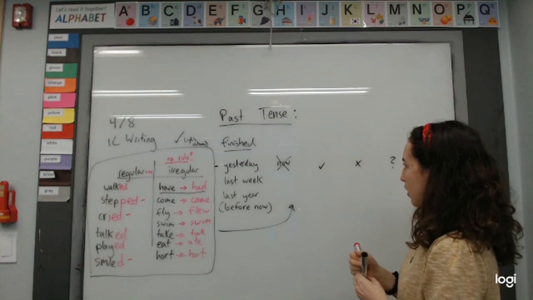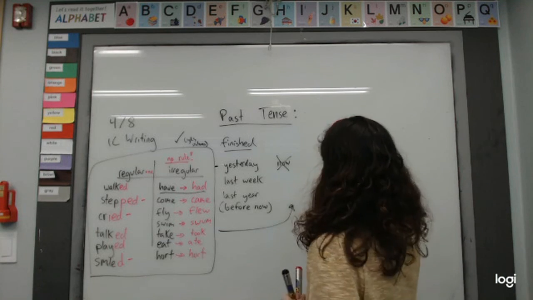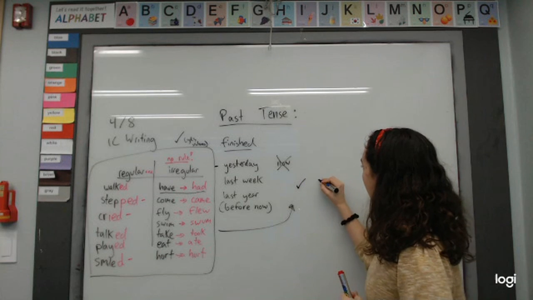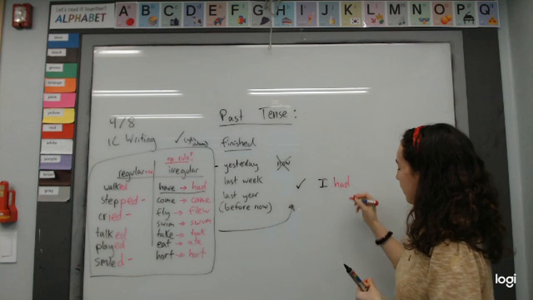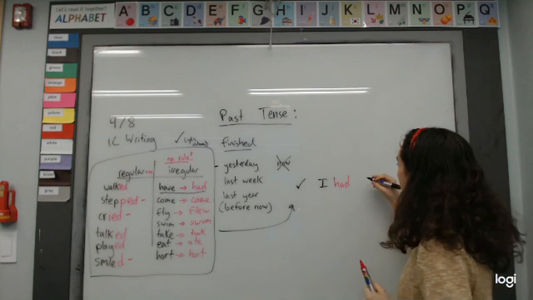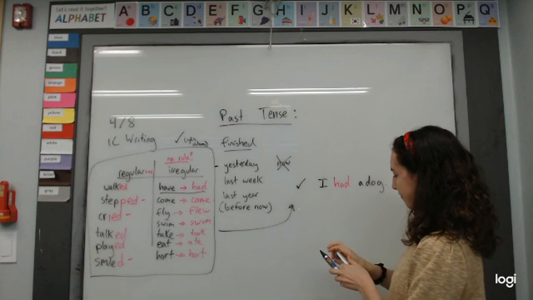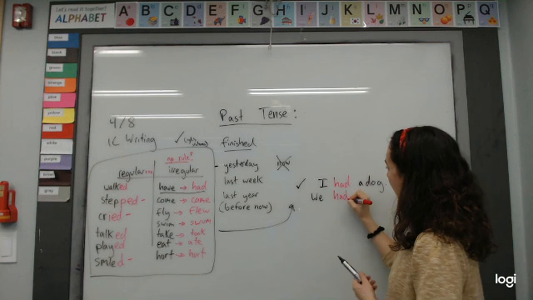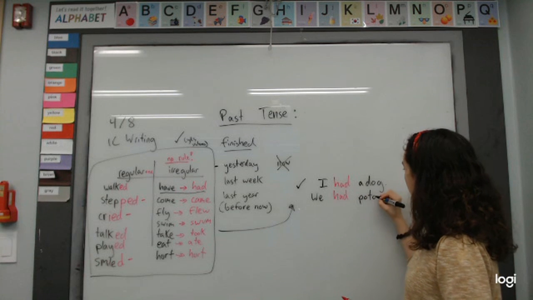For yes sentences, we can say, I had a dog. Or we had potatoes.